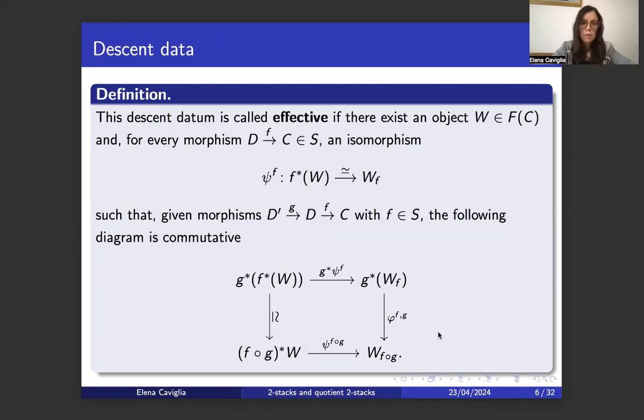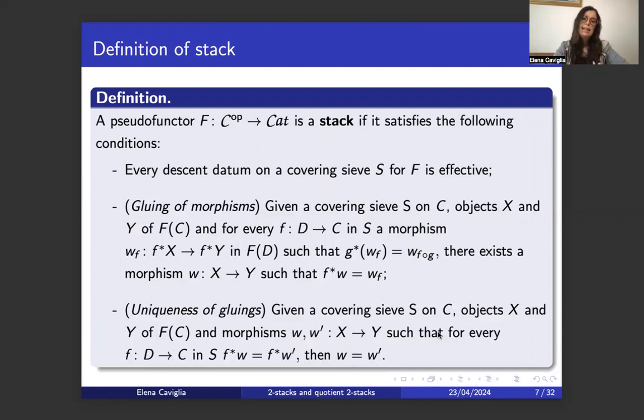And so now we know what it means for a descent datum to be effective, and we can define what a stack is. And the idea is that a stack is a higher dimensional analog of a sheaf. So it will still glue things, but in a weaker way than a sheaf.